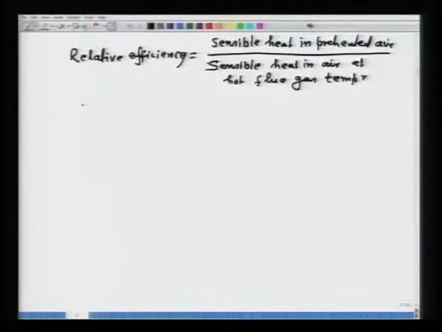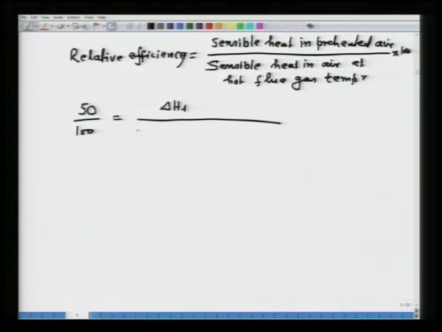So, relative efficiency let us take is 50, of course, it is into by 100. So, when I do percent, that 50 by 100, that is equal to, let us say preheated air is delta H1. So, this will be equal to 0.3694 into 41620 plus 0.0982 into 43710, that is what we will calculate.